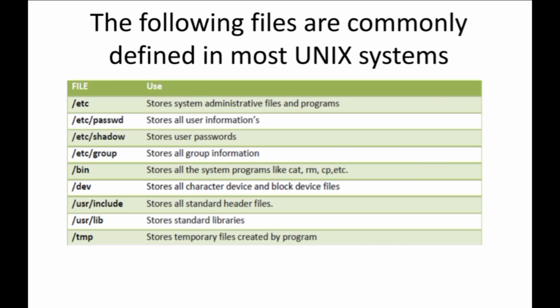Next, lib stores all the libraries. In C it is the same, because Unix is also based on C programming. Tmp, as the name suggests, stores the temporary files created by programs. So these are the different types of directories or files that are supported in Unix systems.